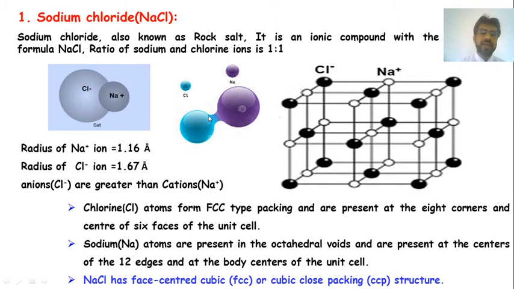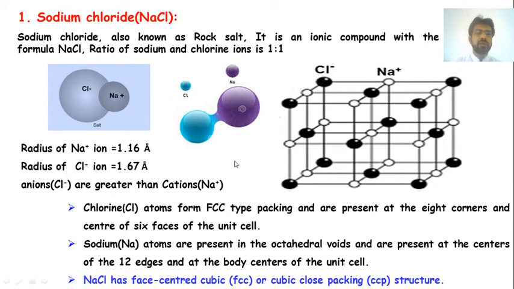Now, from the chemistry point of view we say sodium and chlorine ions, but from the physics point of view we are considering the sodium atom and the chlorine atom here.